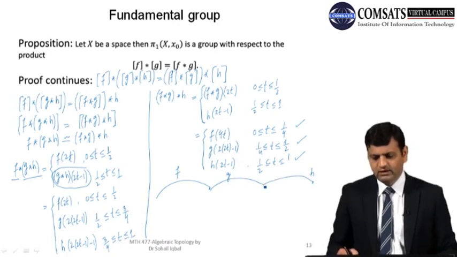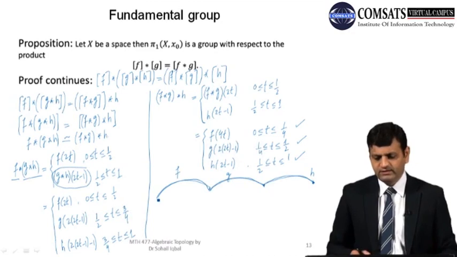Similarly in this definition, if I move t from 0 to 1/4, then I'll be getting f, and if I move t from 1/4 to 1/2, then I'll be getting g, and t from 1/2 to 1 will be this function h. So basically it's the same composition of three functions, but written in two different ways.